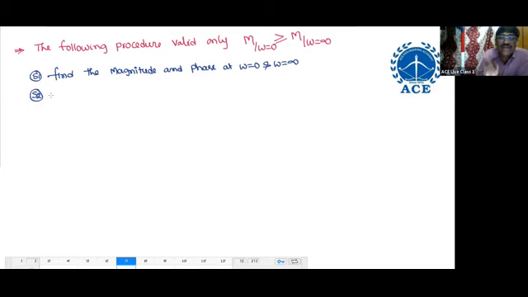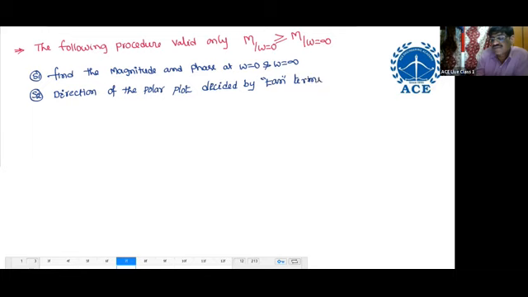The direction of the polar plot is decided by the tan terms in the phase angle phi. Listen, the constant term never decides the direction.